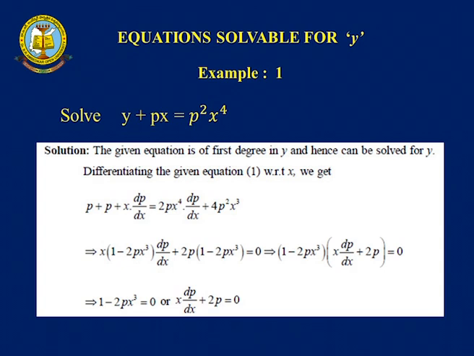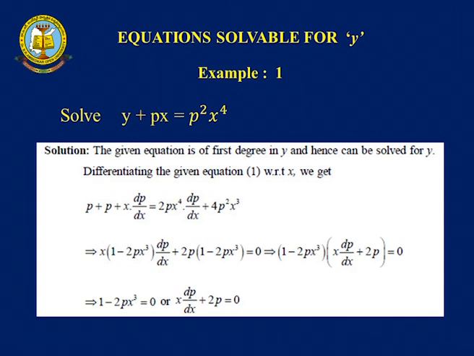Now on the right side, differentiating with respect to x, p square gives 2p, x power of 4 stays as it is, and p differentiates to dp by dx, plus 4p square into x cube. Why? Because the derivative of x power of 4 is 4x cube, and p square stays as it is.